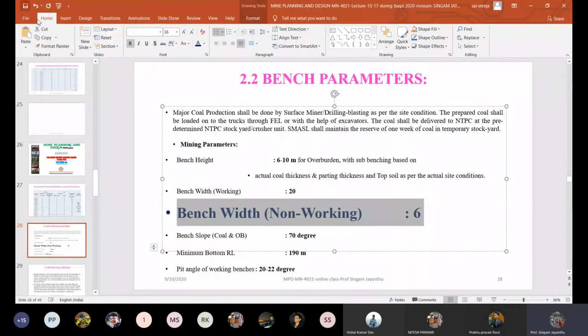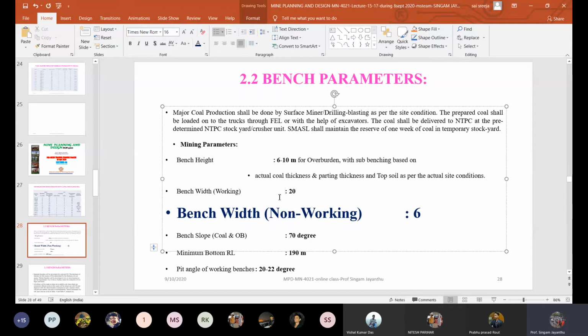Otherwise, for a working bench, I need not explain to you: the width should be more than 2-3 times the width of the widest equipment. All these issues you should know very clearly, which you learned in earlier classes, and also as part of legislation you will be learning it. You are supposed to learn, study, read, know, and only then write and plan.